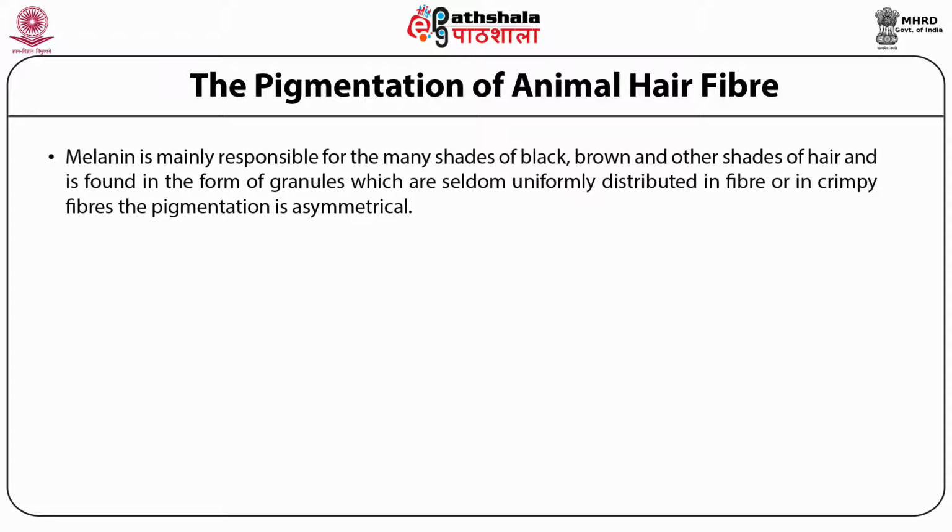Melanin is mainly responsible for many shades of black, brown and other shades of hair and is found in the form of granules which are seldom uniformly distributed in fiber or in crimpy fibers. The pigmentation is asymmetrical.